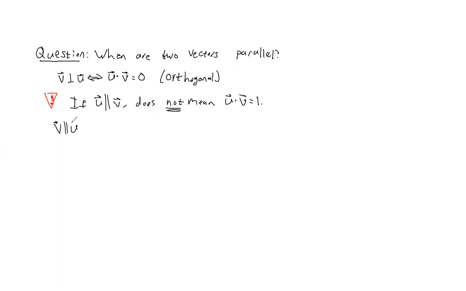V and U are parallel if and only if V is some scalar multiple of U. In other words, if V is equal to V1, V2, V3, then if they're parallel, U is going to be CV1, CV2, and CV3. So for example, I'll make something up.